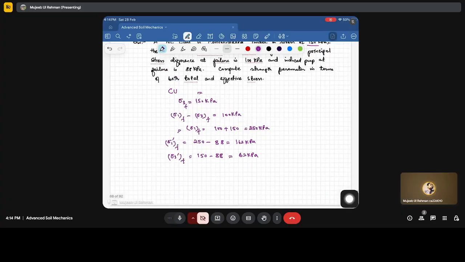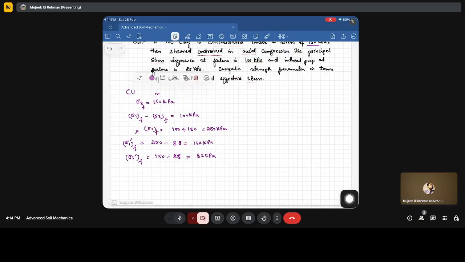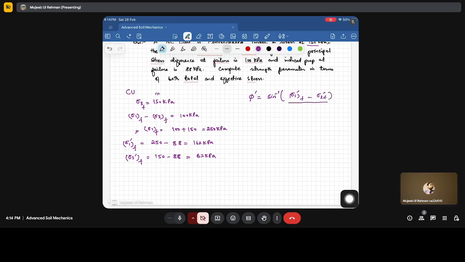Now we know that, let me shift it to the left so I have more space for calculation. Now we know that phi dash, the angle of internal friction from the effective stress analysis, is equivalent to sine inverse of sigma 1 dash at failure minus sigma 3 dash at failure divided by sigma 1 dash at failure plus sigma 3 dash at failure.